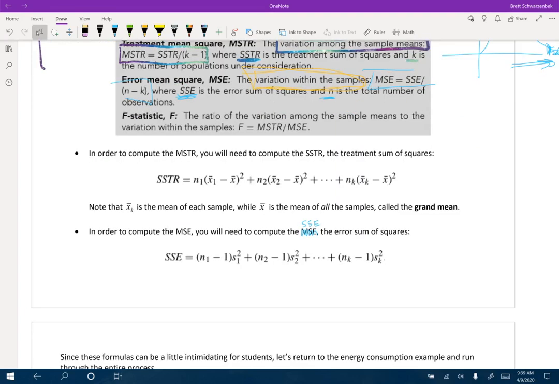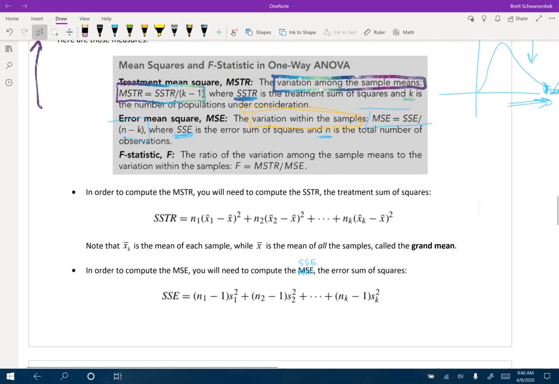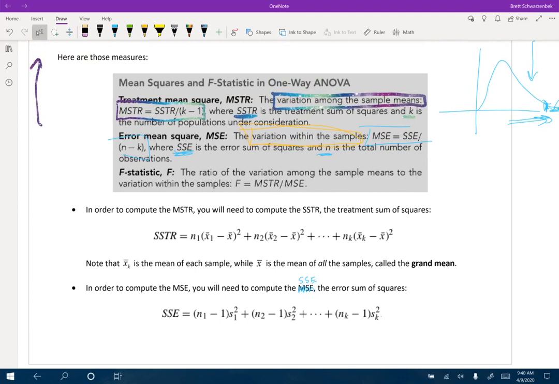So what about these formulas that you have here? You'll see up here that we have to calculate MSTR. Now, MSTR has two variables in it. It has SSTR and K. So let's first talk about SSTR.